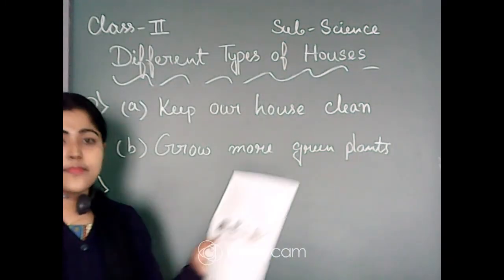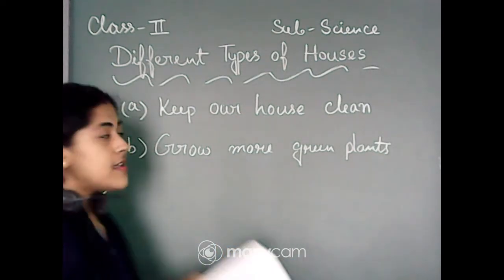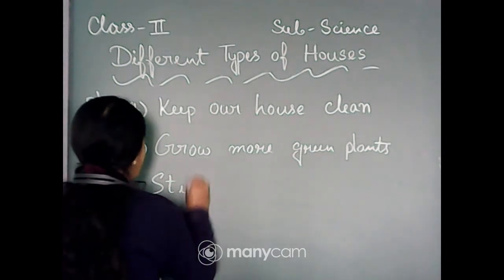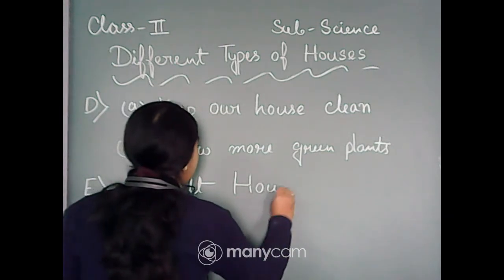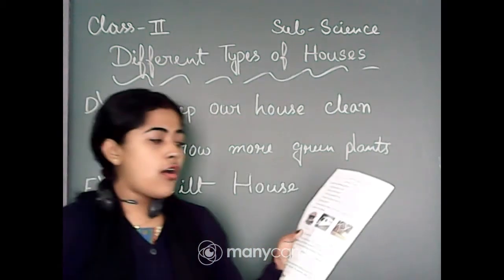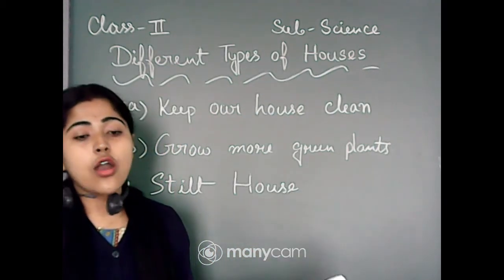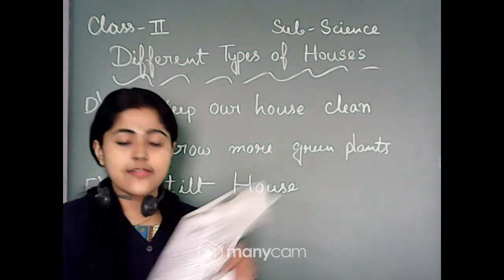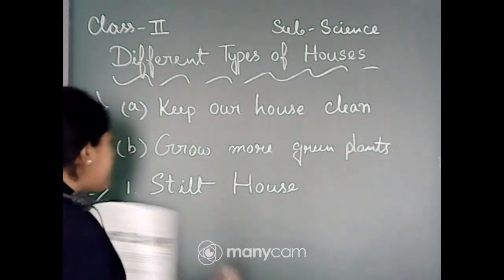So the first picture, which we all know, is a stilt house, S-T-I-L-T, stilt house. This picture shows a house based on wooden posts, and we all know that's a stilt house. Next is looking like a van, and you know that's a wheel caravan, right?